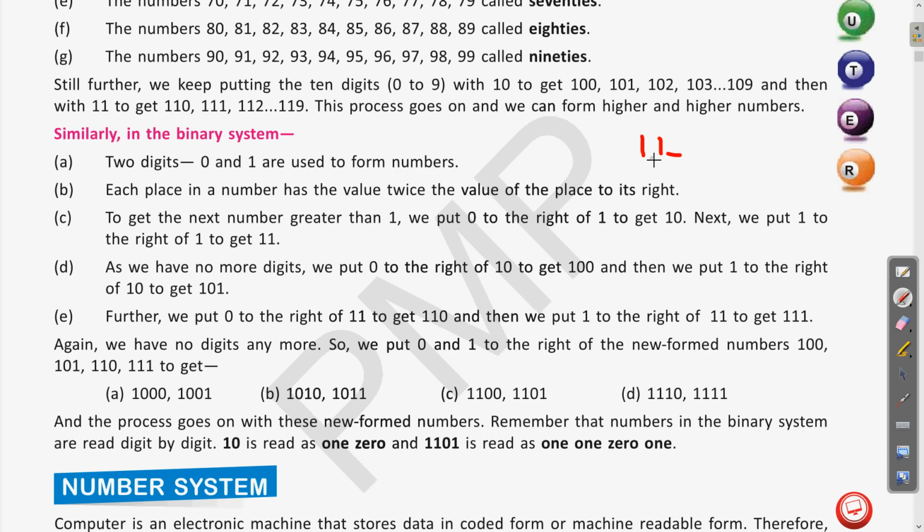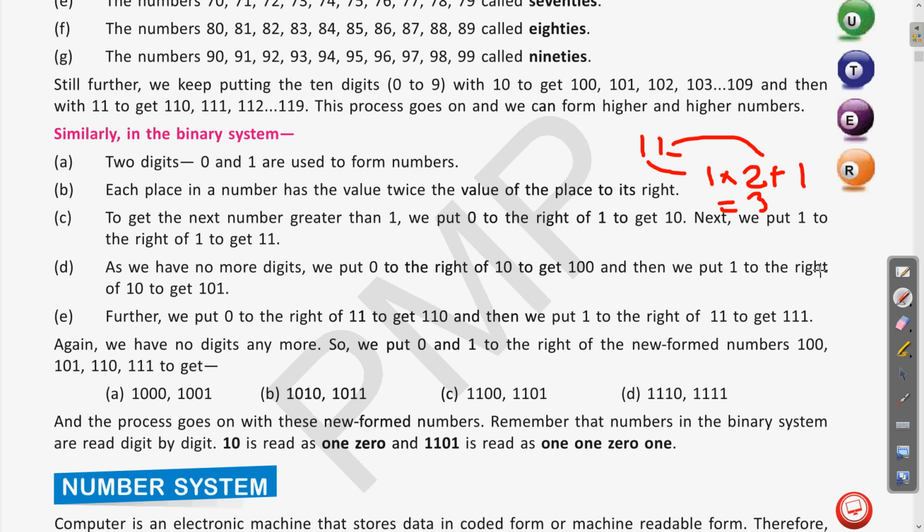If I change this number into decimal, then the right one, the value will be 1 into 2, plus the right one. Adding this, it becomes 2 plus 1 is equal to 3. Clear? We will read further how we are going to change this binary number system to decimal, then it will be more clear.